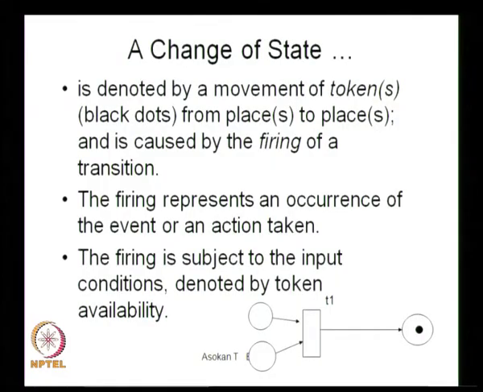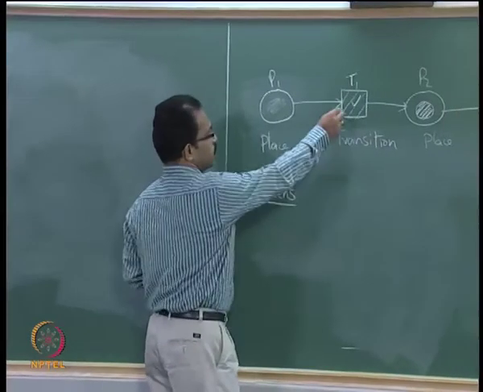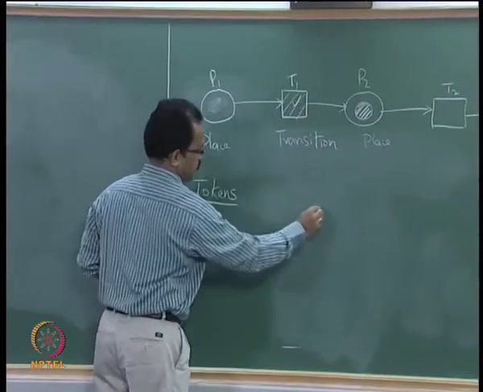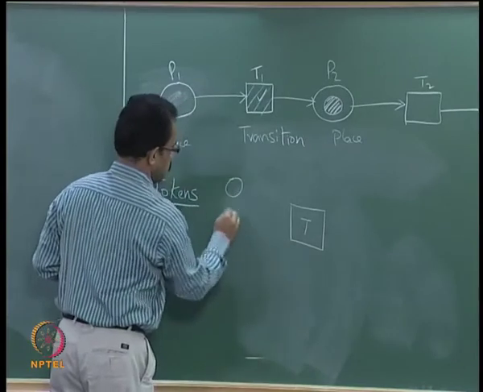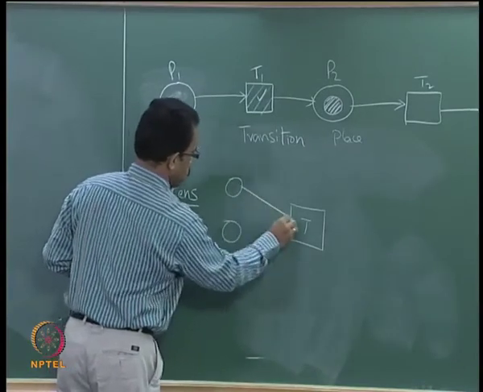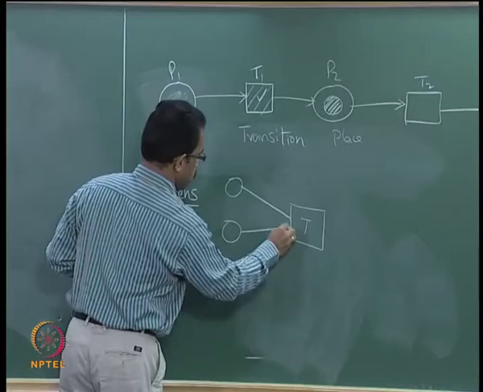The firing represents the occurrence of an event or an action taken, and the firing is subject to the input conditions denoted by tokens. That is another important point: the firing is subject to the initial conditions. Suppose you have a transition T1, we can have multiple places connected to it.